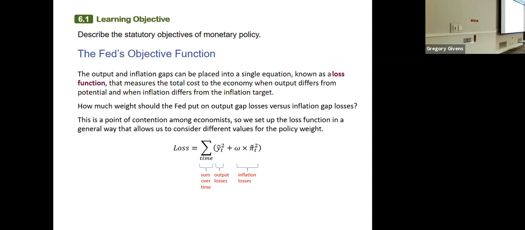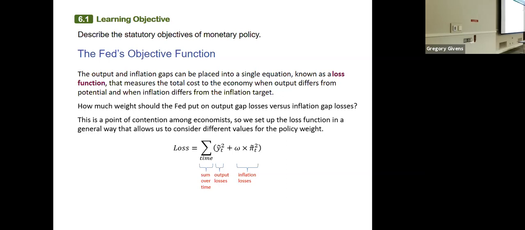What happens, however, if I told you omega was equal to 2? Then what does the Fed care more about stabilizing? Inflation, right? In that case, squared inflation gaps are going to generate more loss than squared output gaps, right?